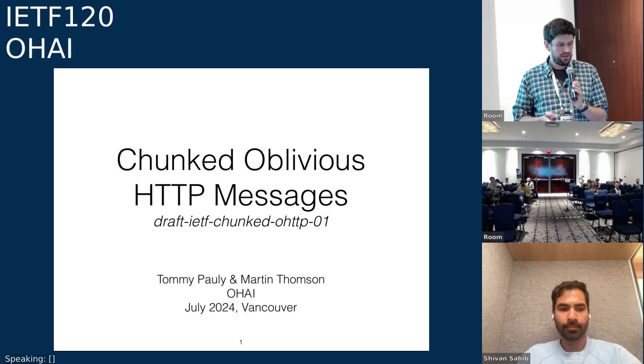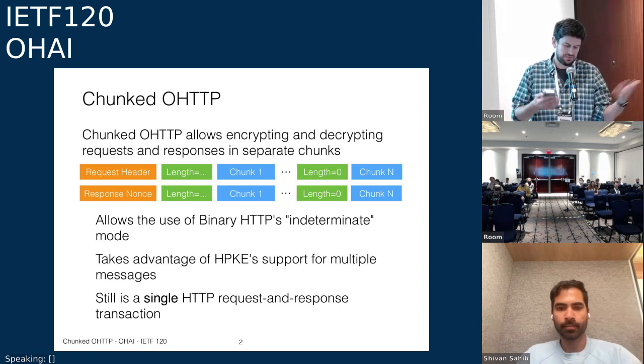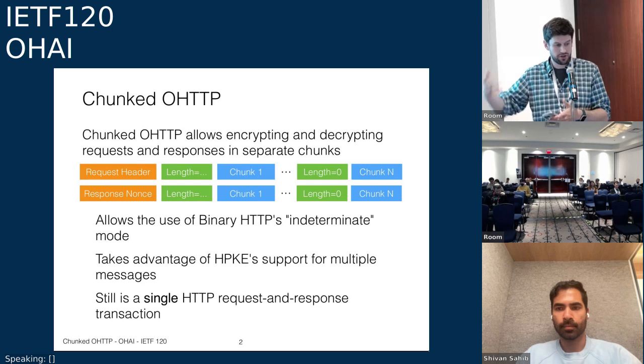Okay. So now we'll be talking about the chunked Oblivious HTTP messages draft, which is on 01. So just as a recap, and we mentioned it in the last presentation, chunked OHTTP is about allowing you to encrypt and decrypt the requests and responses for OHTTP in separate chunks.